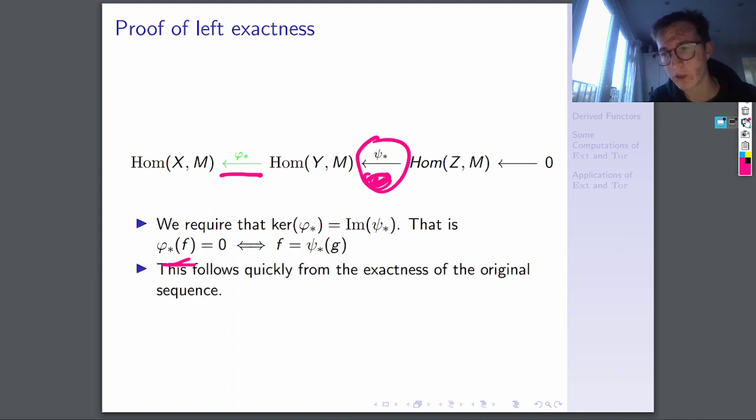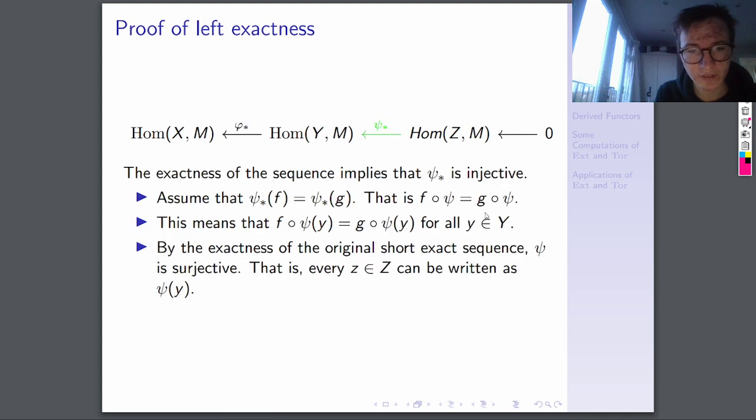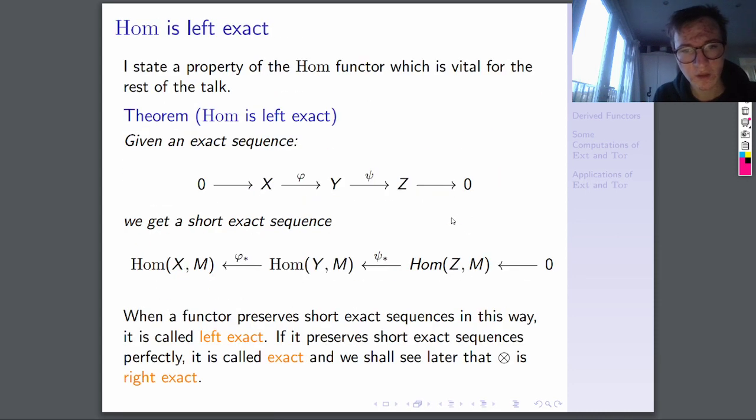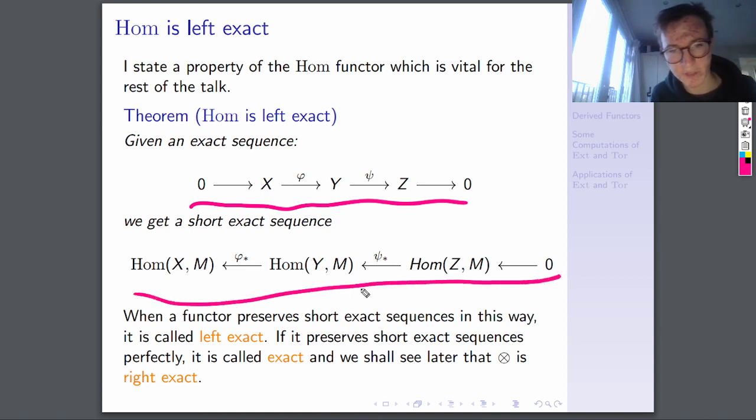And that follows from the exactness of the original sequence. So we've proven that Hom is left exact, which, just to recap, means that given this short exact sequence, we can obtain this short exact sequence by applying the Hom functor to it.